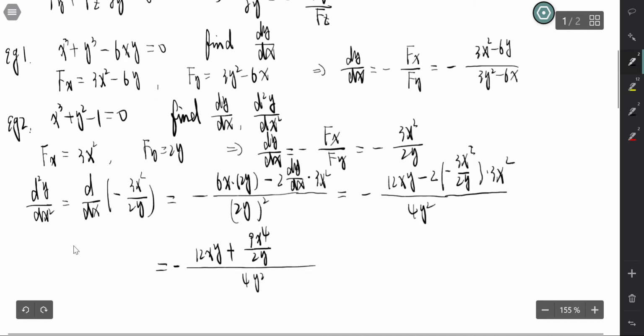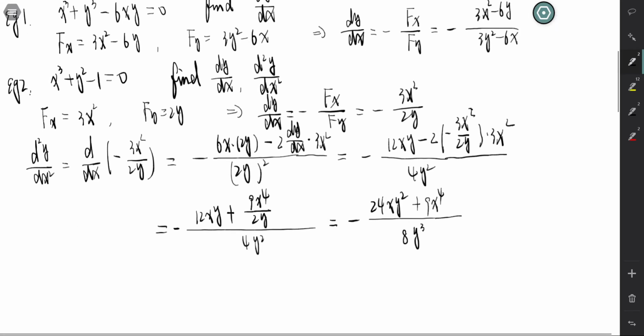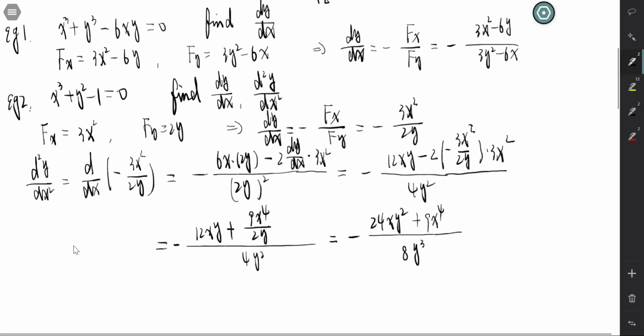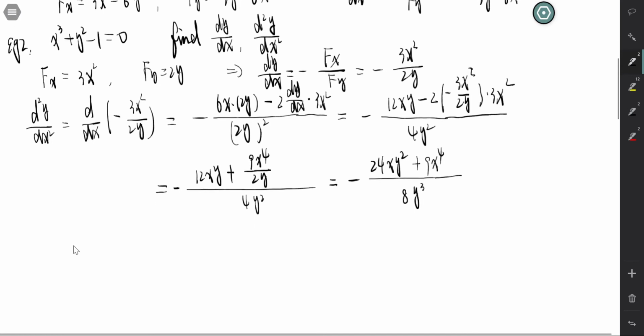We multiply both numerator and denominator by 2y, giving negative over 8y cubed, times 24xy squared plus 18x to the fourth. That's the second derivative. The first two examples just have one independent variable.